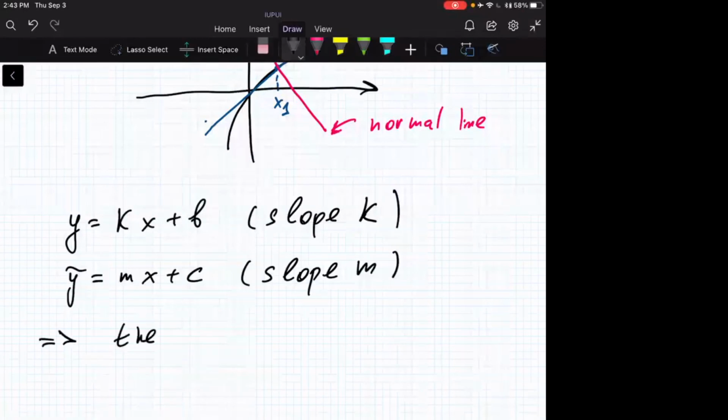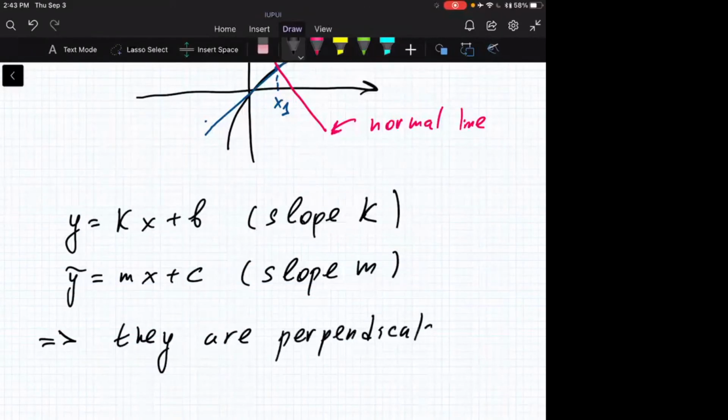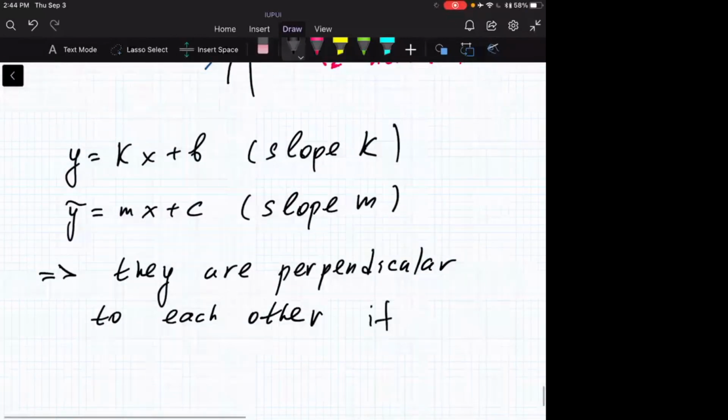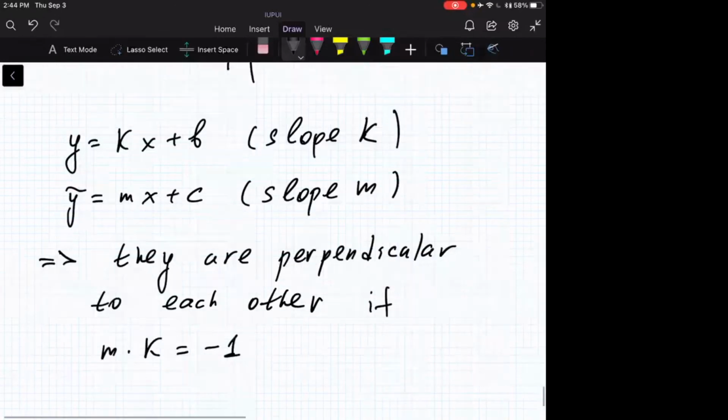Then they are perpendicular to each other if m times k is equal to minus 1.